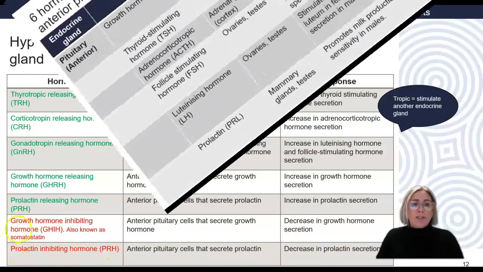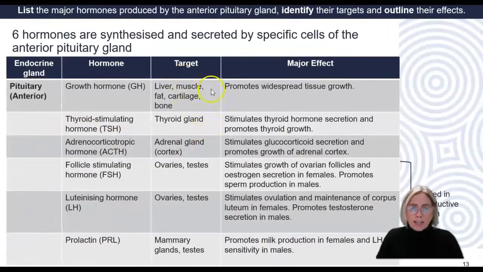So now moving on to the six hormones of the anterior pituitary gland. And we're just going to look at their major effect here. So growth hormone is the first one. It has many targets, including the liver, muscle, fat, cartilage, and bone. And its major effect, as its name suggests, is to promote widespread tissue growth, right? We have thyroid stimulating hormone, and its target is the thyroid gland.